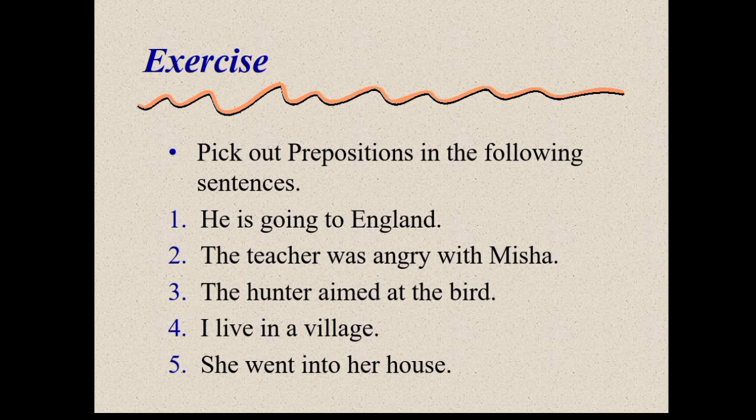Here at is used. Then fourth, I live in a village, means here in is used, inside the village. Fifth, she went into her house. Here we have used into because she went, it shows motion, so we have used the preposition into.